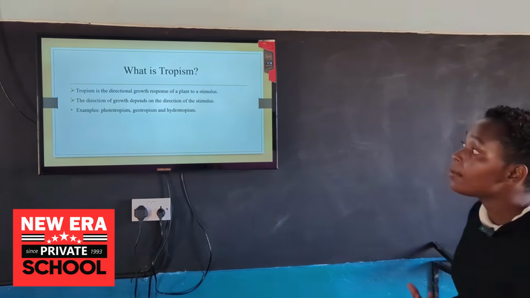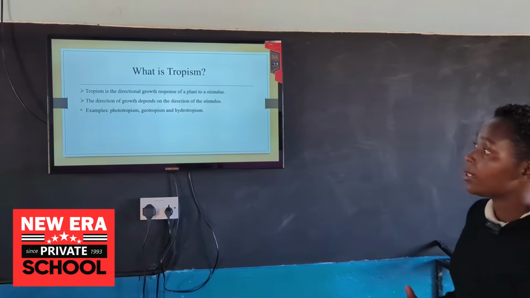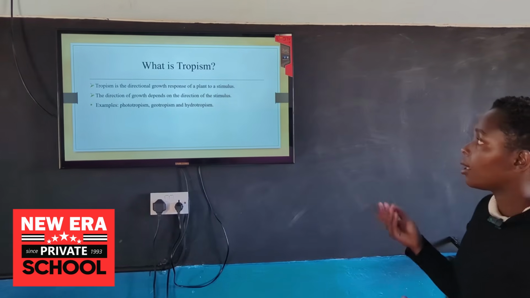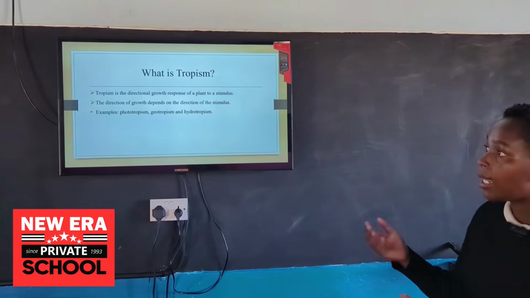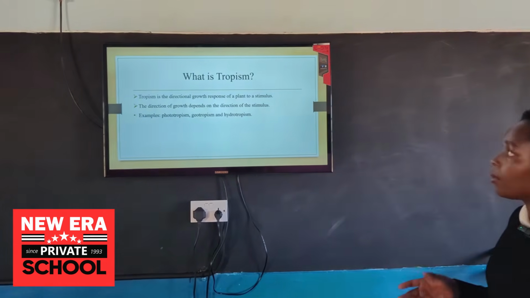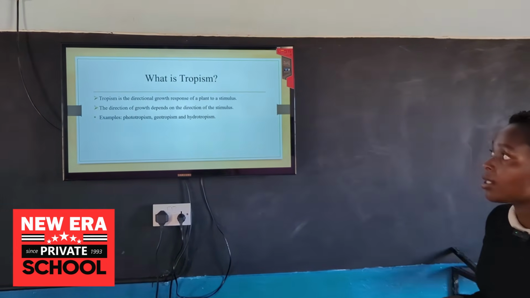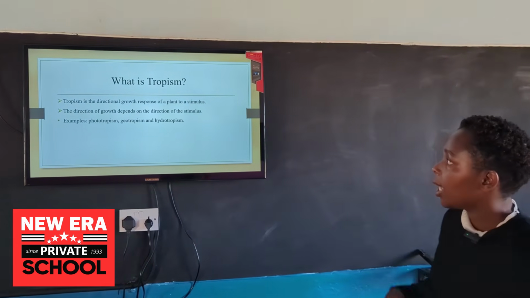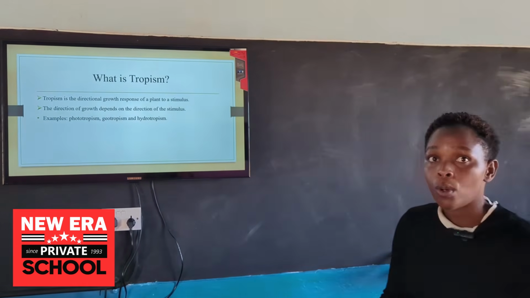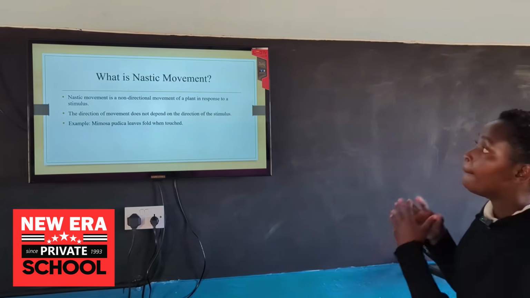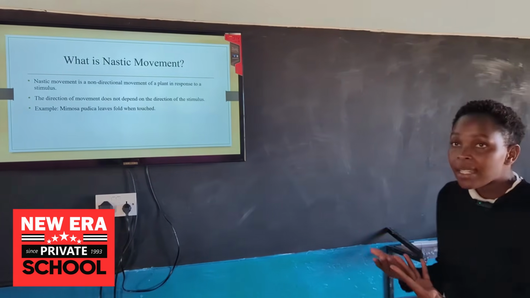We have examples of tropism, which are phototropism, where the stimulus is light, hence phototropism. Geotropism, the stimulus there is gravity, that's why we are saying geotropism. And hydrotropism, water. From there, let us look at the meaning of nastic movement.